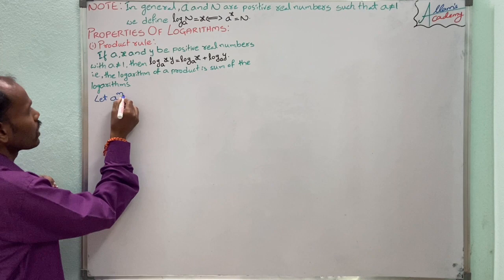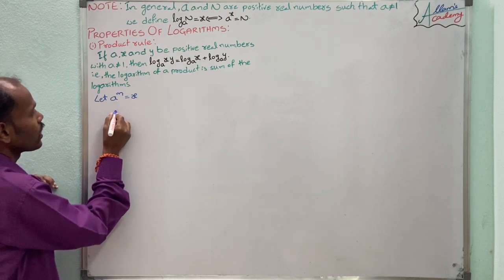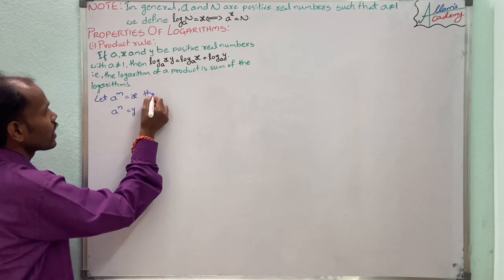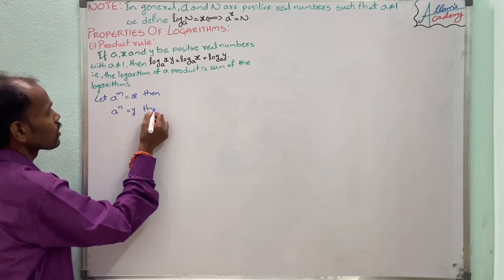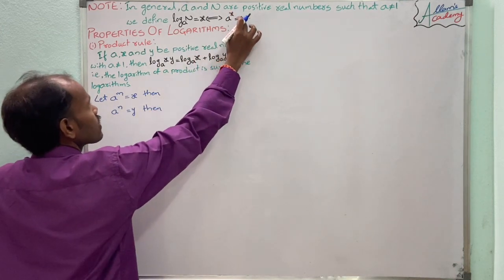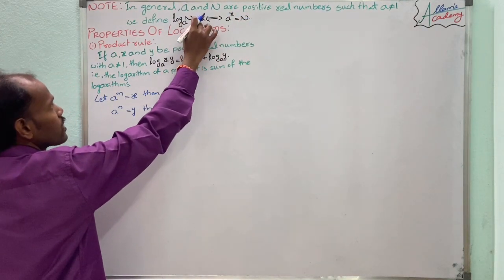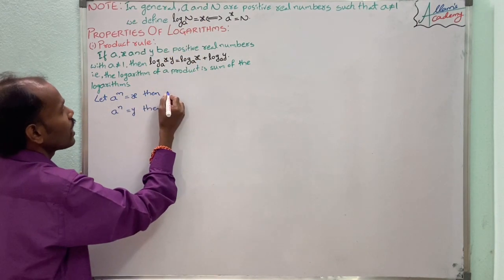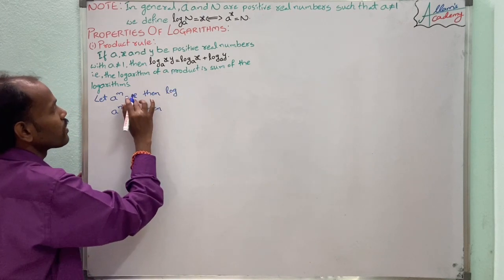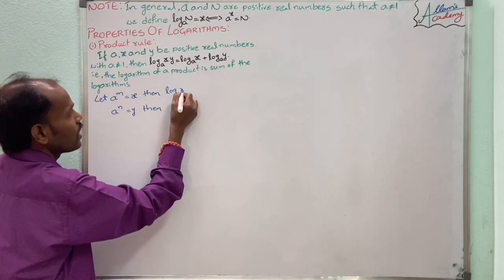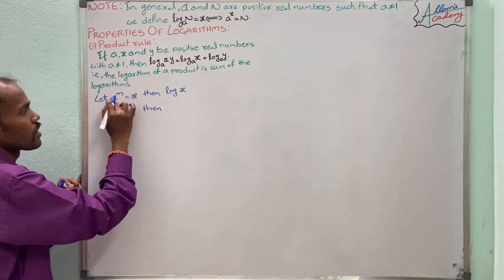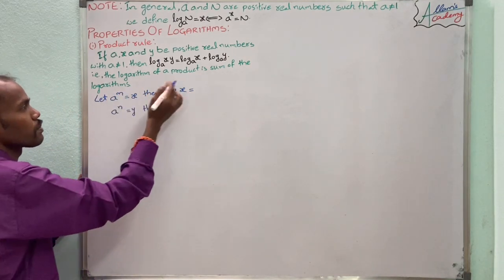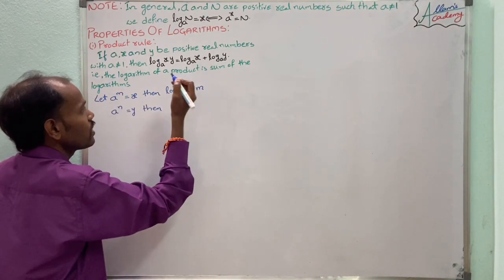Let a power m equal to x and a power n equal to y. Now we write this in logarithmic form. If a power x equal to n, then log n base x equal to y. In the same manner, we write log, and the result is x, and the base is a.